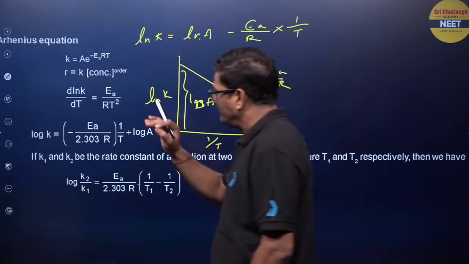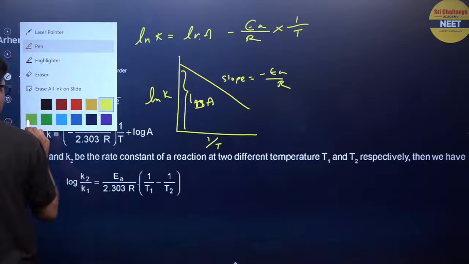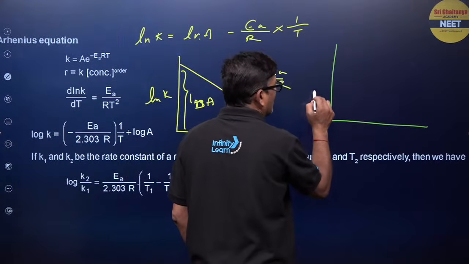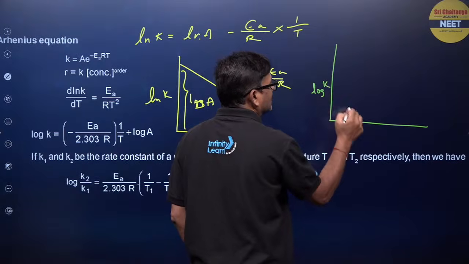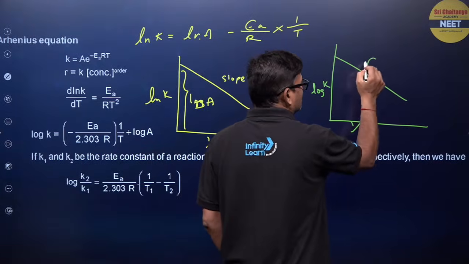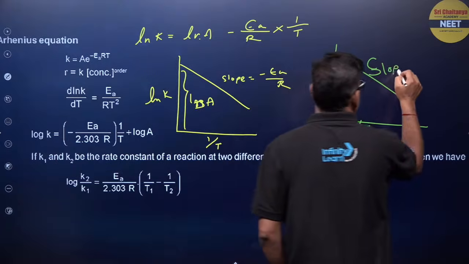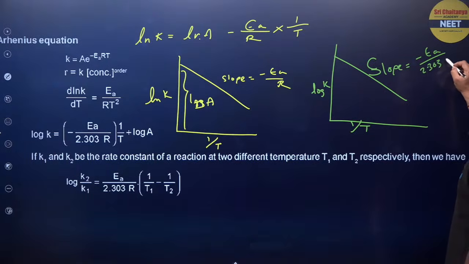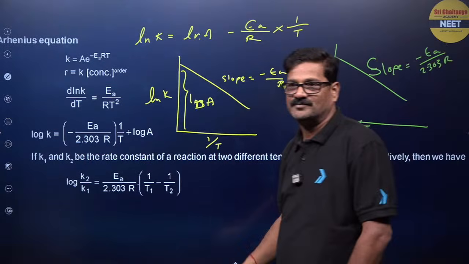Or otherwise beta, very important cheez I want to tell you here. If you see log k versus 1 by T, you are going to get slope is equal to minus Ea by 2.303 R. Here slope will be given, you are asked to calculate activation energy.